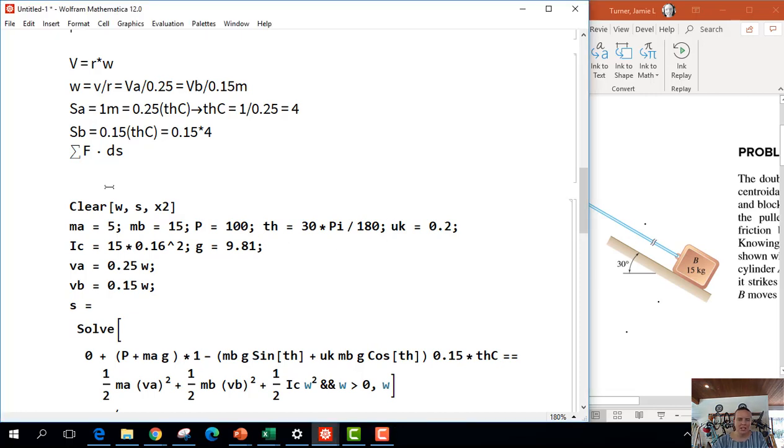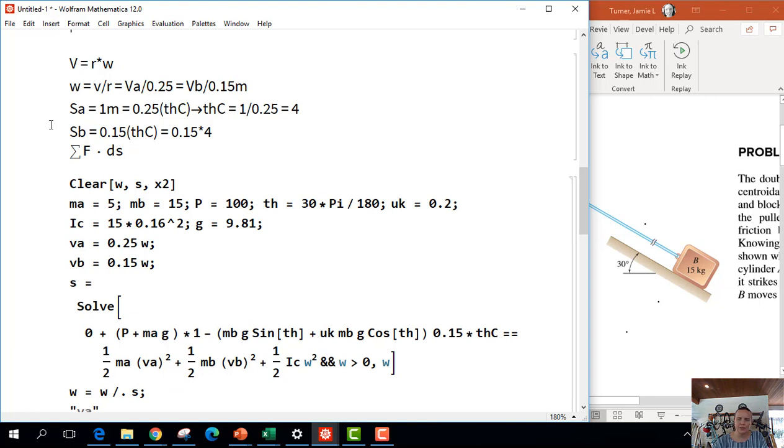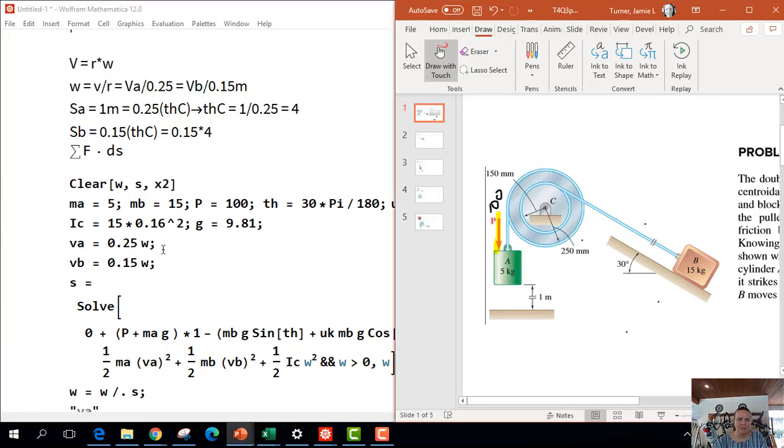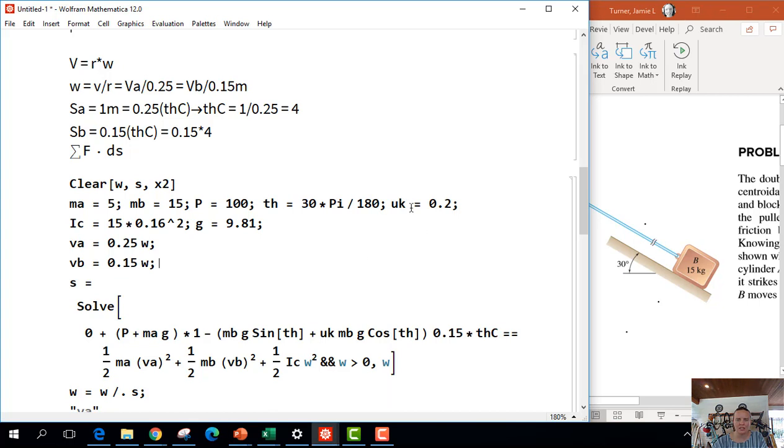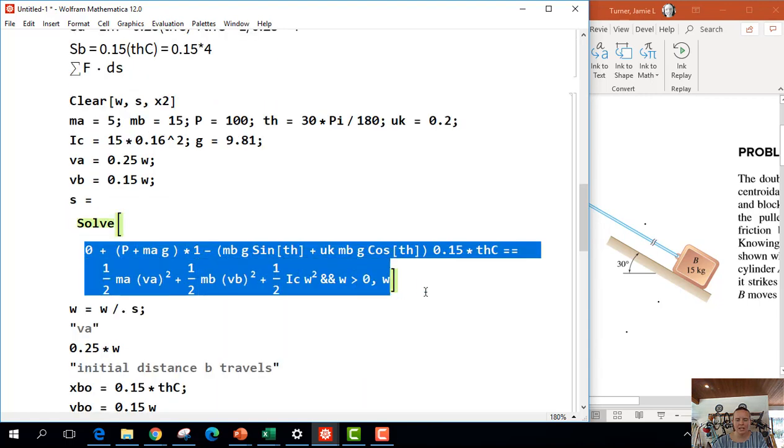Okay, so I've gone ahead and chunked all of this stuff in here. So we've got the mass of A is 5 kilograms and B is 15, and the force we decided to do with 100. Our angle is 30 degrees over here. Our kinetic friction coefficient. Here's where we calculate the inertia for our pulley system. So we have m times the radius of gyration squared, using meters, make sure everything's in meters. We can look at velocity of A is r omega, velocity of B is r omega, and here's that ginormous energy balance problem.